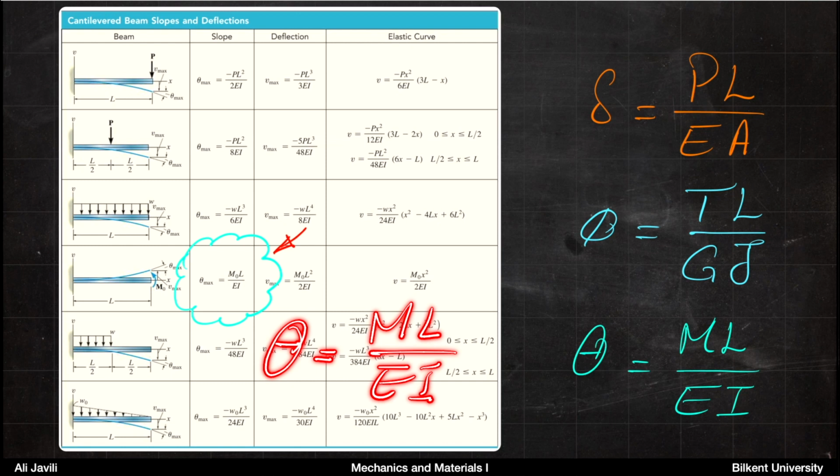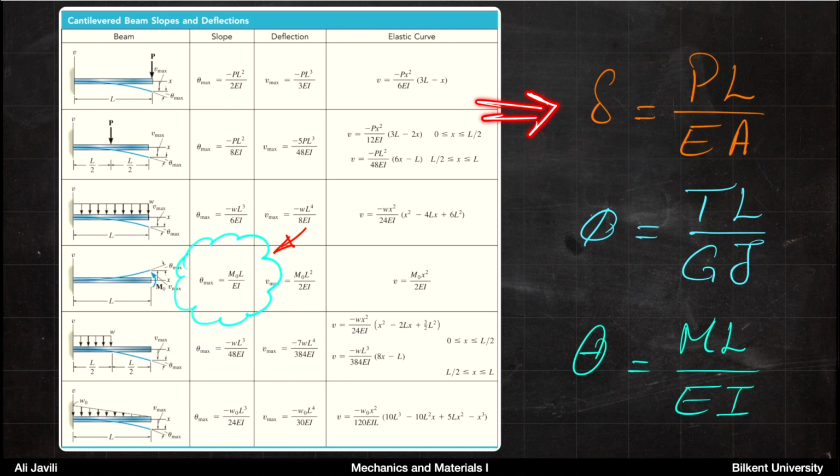Now this is interesting because if you remember, when we talked about axial loading, we had this formula delta equals PL over EA. When we talked about torsion, we had the angle of twist, phi equals TL divided by GJ. And now if you have a bending problem, you can see clearly that theta, at least for this simple case, takes a form that is ML divided by EI. So you can appreciate the similarity of these formulations together.